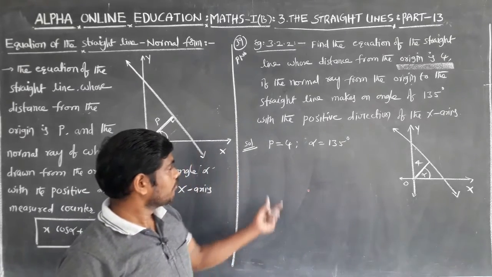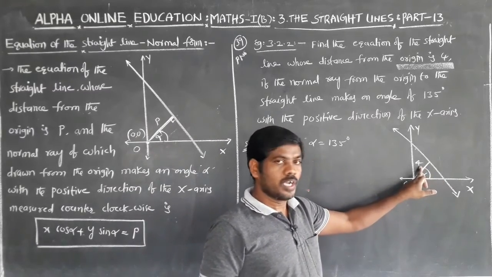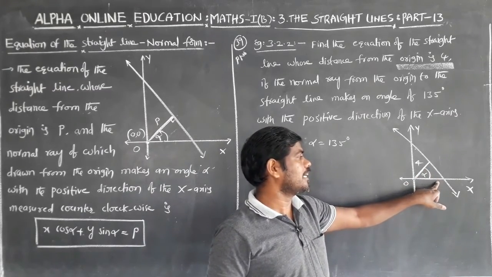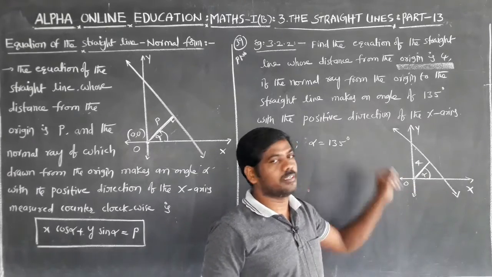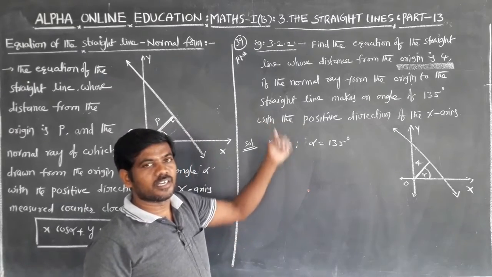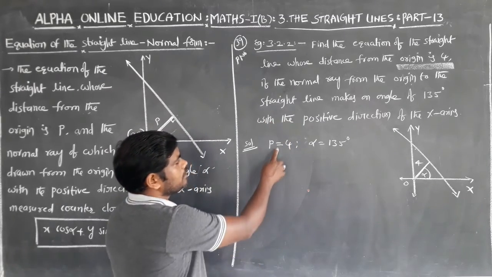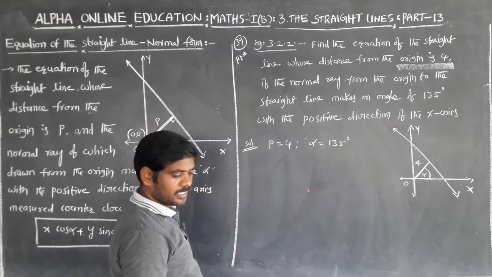Given that the perpendicular distance from the origin to the line is 4 and the normal ray makes an angle of 135 degrees with the positive x-axis, find the equation of the straight line in normal form. Given that P is equal to 4, alpha is equal to 135 degrees.